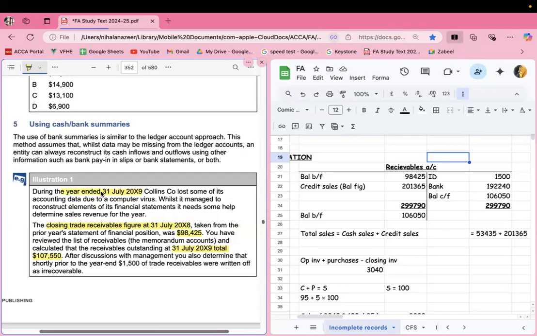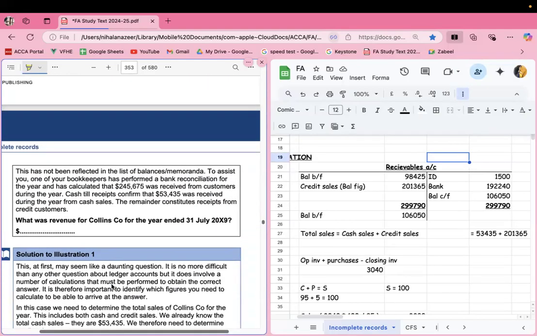Understood? But the problem is this figure does not have an adjusted amount of 1,500 for irrecoverable debt. The closing receivables, I repeat, the closing receivables does have the balances that includes irrecoverable debt. That is ID, right? So you have to remove it. Understood? Clear, no?